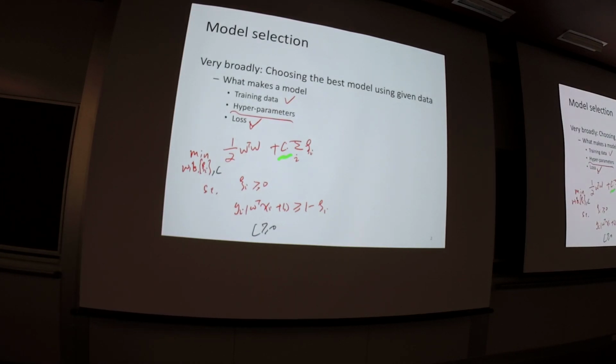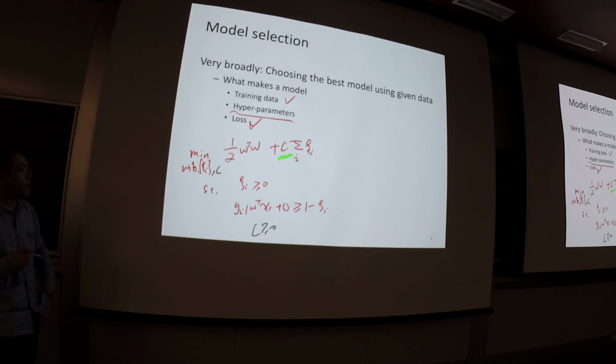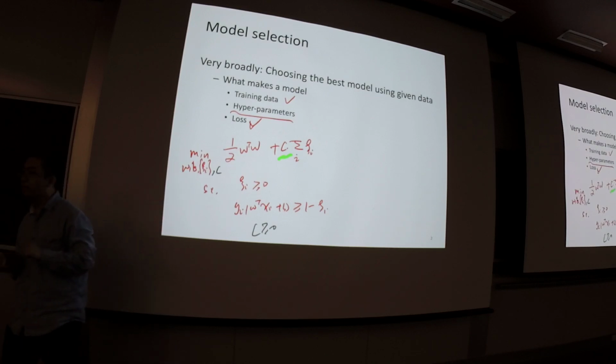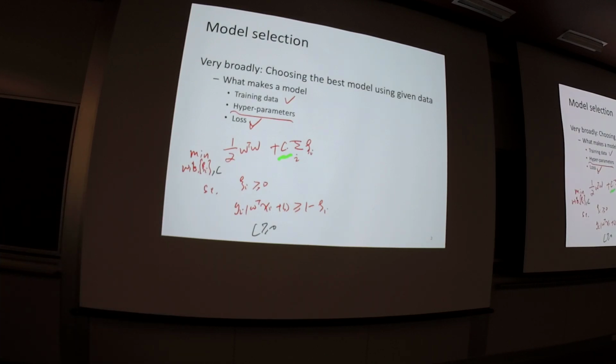Suppose I want to jointly optimize W, B, those decision variables, those slack variables, as well as the hyperparameter C. Let's see what's the result. What kind of value of C can make this objective function minimum?